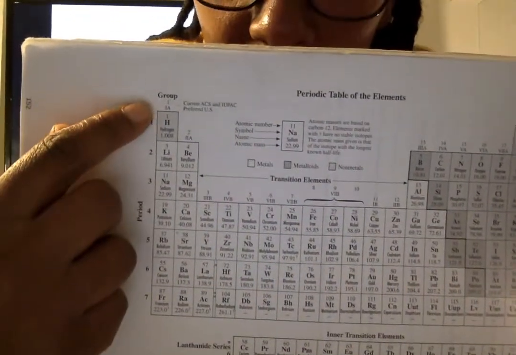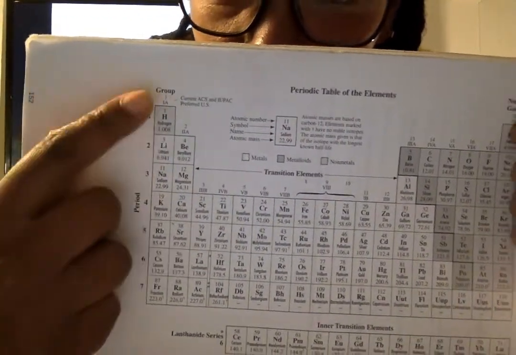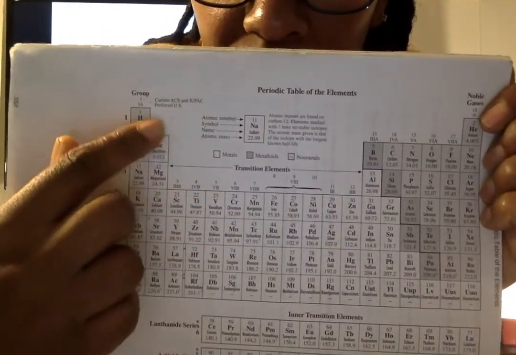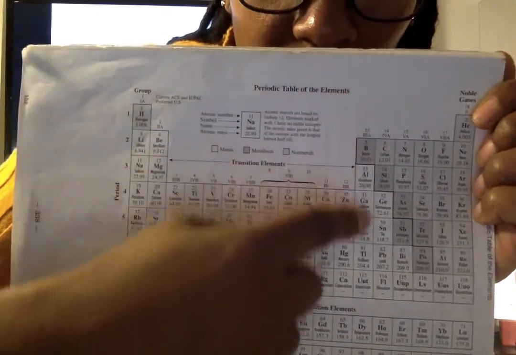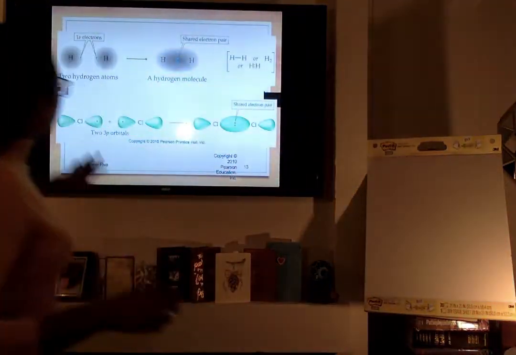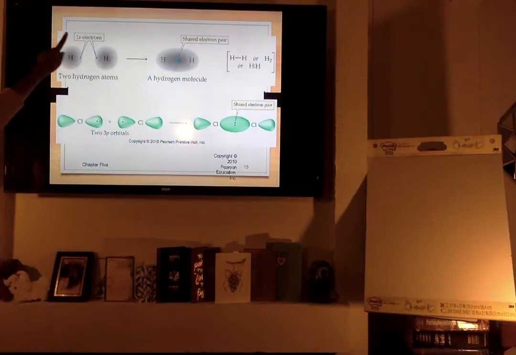So this is 1A, or group 1, and all of these are going to have 1 valence electron. All of these are going to have 2 valence electrons, and then 3, 4, 5, 6, 7, 8, right? So remember that.